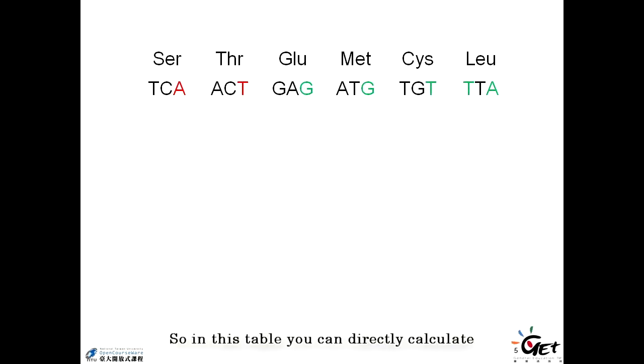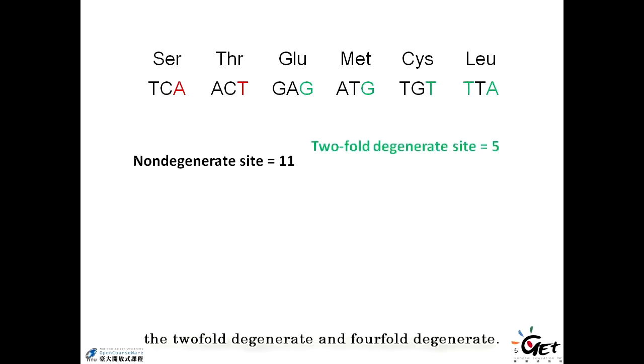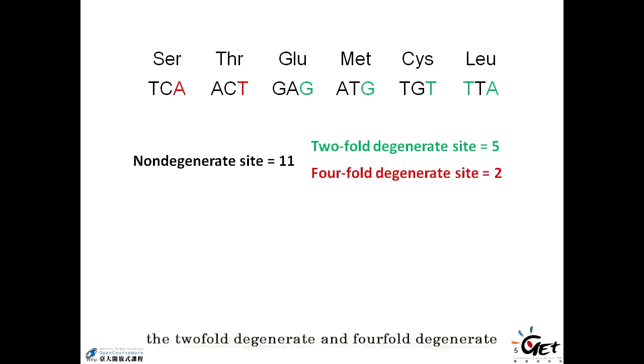So in this table, you can directly calculate the non-degenerate sites. That's mostly the second codon position, all the second positions are non-degenerate sites. Then you can also look up the 2-4 degenerate and 4-4 degenerate sites. Now I color code the 2-4 and 4-4 degenerate sites with different colors.